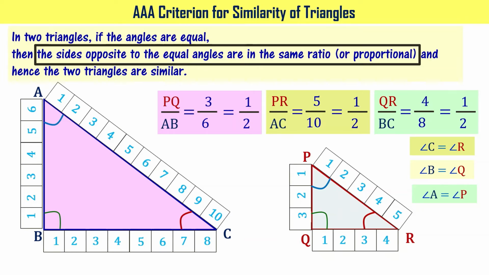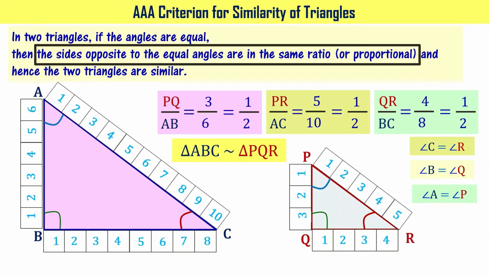And as per AAA criterion of similarity of triangles, if the angles are equal, we have seen that angles are equal, and the sides opposite to the equal angles are in the same ratio, that is also we have seen, and the two triangles are similar. It means triangle ABC is similar to triangle PQR, right?